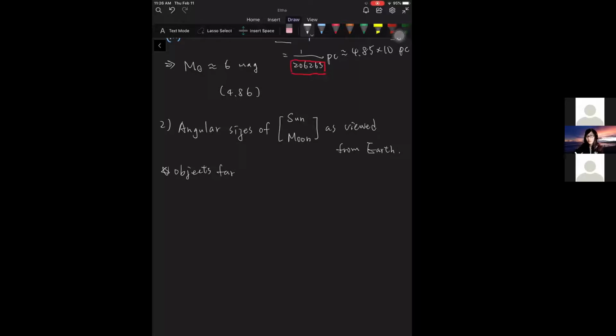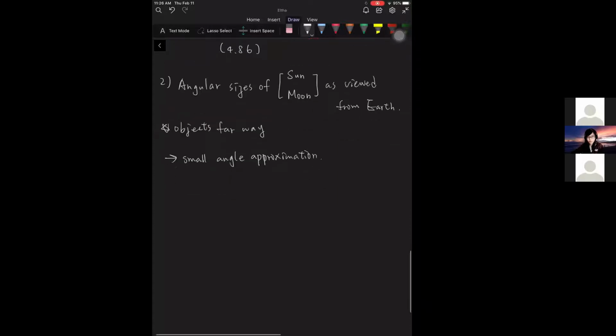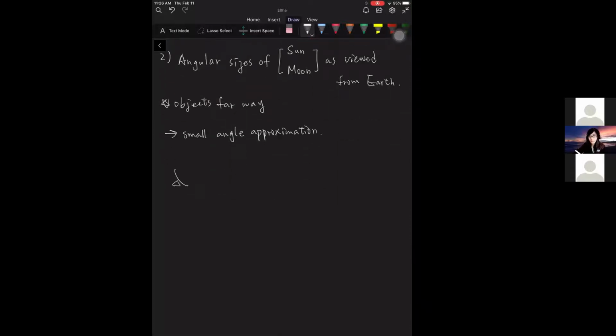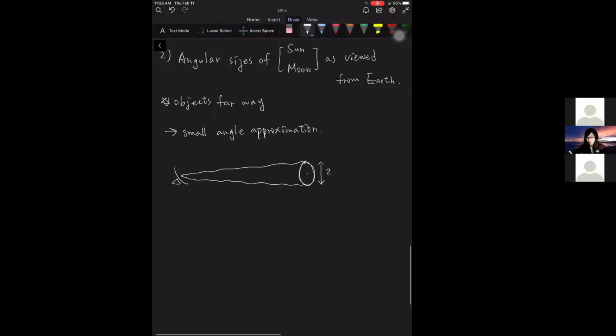Okay, so we will use small angle. Let me illustrate this a bit. If this is our telescope on the Earth, and we are looking out at the sky, and we see an object. The size of this object is 2 times its radius, right?